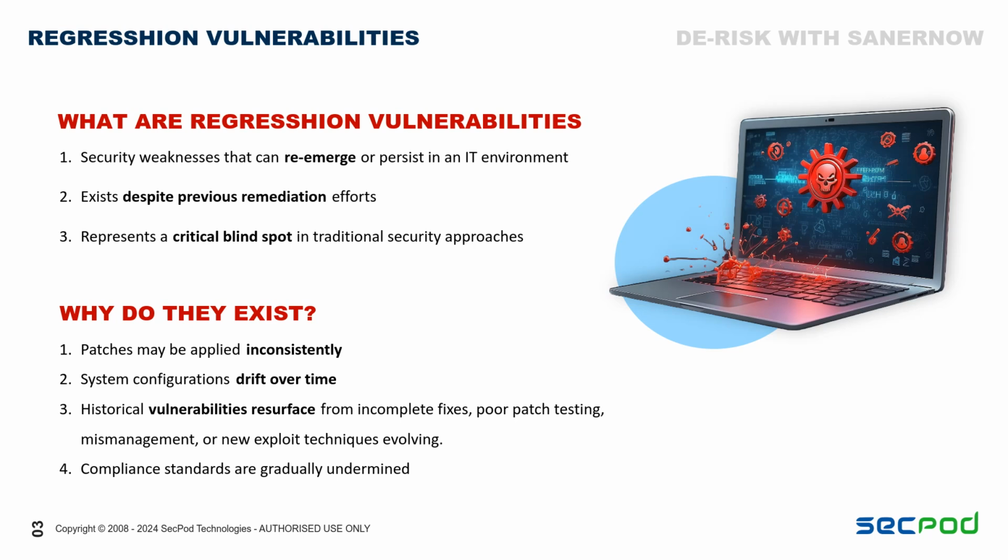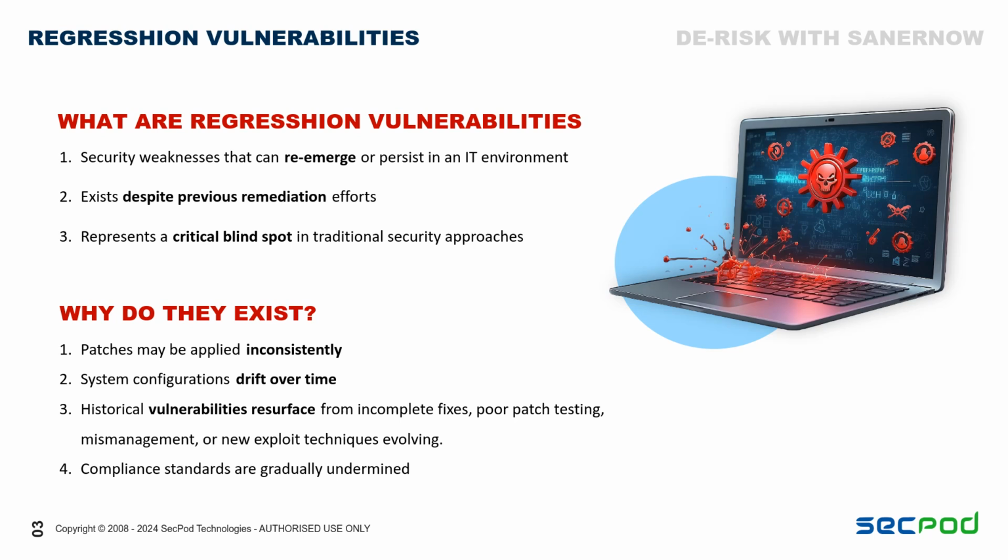You think you have addressed the issue, but due to an incomplete fix, mismanaged patches, or code changes which remove the patches themselves, the vulnerabilities come back and haunt you. Regression vulnerabilities especially exploit the blind spots in traditional vulnerability approaches.